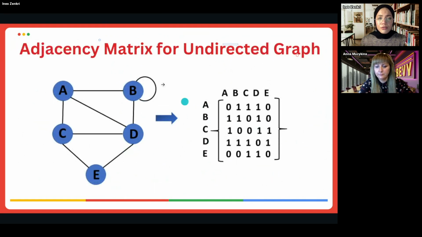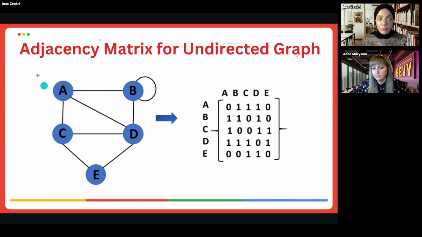We check, for example, this multi-undirected graph. It's multi because we have this cycle right here. If this didn't exist, then it would be a simple graph, but still undirected. So how are we going to fill this adjacency matrix? It's a V by V matrix, where V is the number of nodes. For example, we check if there is an edge between A and A. There is none.